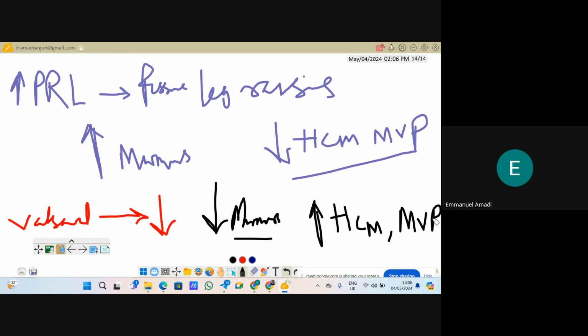Those are the only three possibilities. I've already narrowed my answers to those three things. Every other thing, I have ruled out of my head. Those are the only things that can occur in that location. Now, they went one step further to tell me that the murmur increases in intensity on Valsalva.